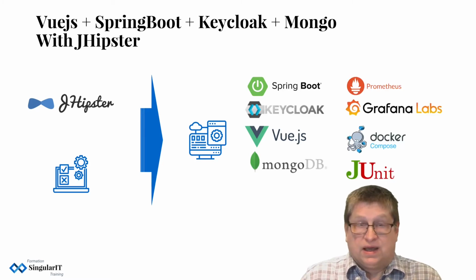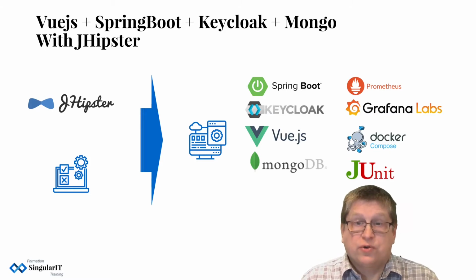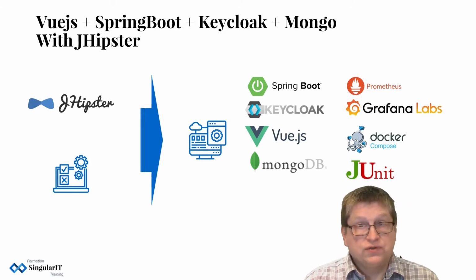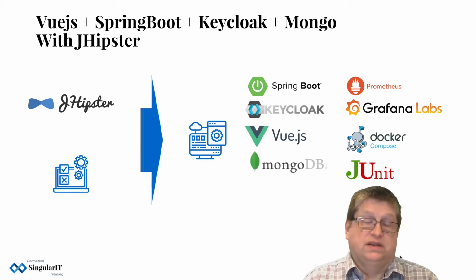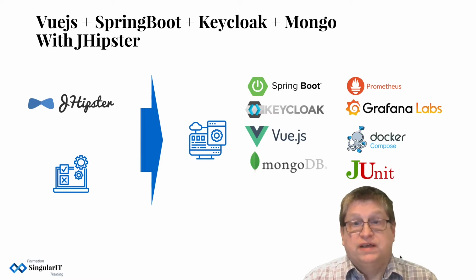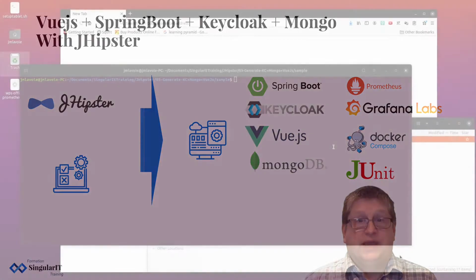But on top of that, we get set up with Docker Compose for our project, but also for the monitoring aspect of the project. We also get ready-made tests, so we have sample JUnit, a sample integration test. So everything is already bundled in a great manner. So let's go with it and see what we get.